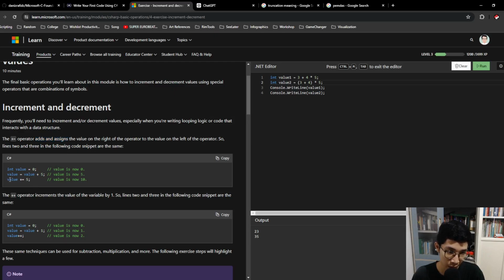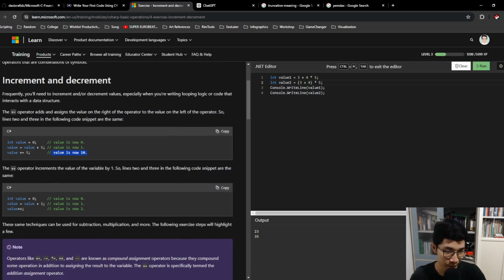If the value was 5 in the second line, it assigns 5 and then adds 5. It equals 10. So the value is now 10. I hope you guys understand what I said.